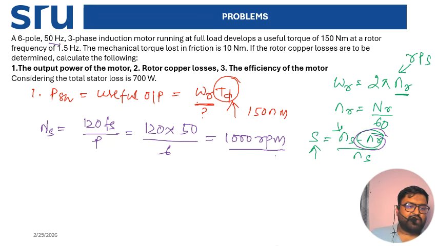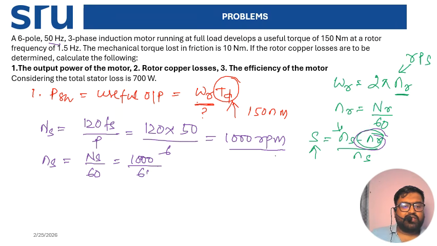How to calculate this small ns? Small ns is nothing but capital Ns by 60, that is 1000 by 60.